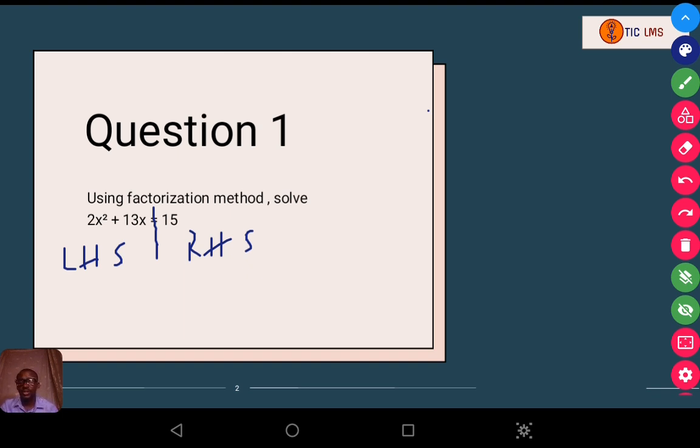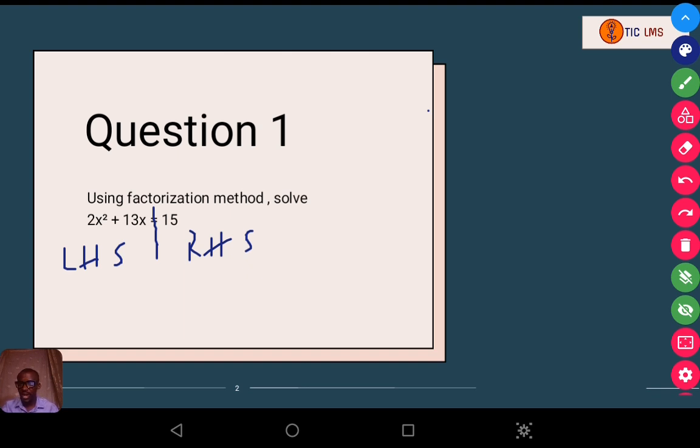Now when you are moving a number from one side to the other side, the sign changes. So if you have a positive 15 moving from the right hand side to the left hand side, it changes to negative 15. If it were negative 15, when you are moving it from the right hand side to the left hand side, it is going to become positive 15.